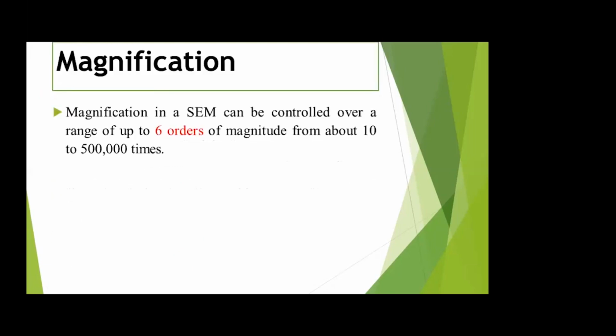So magnification in an SEM can be controlled over a range of up to 6 orders of magnitude. In a very basic type of instrument, from 10 to 5 lakh times magnification can be observed. In a high proficiency instrument, it can be up to 2 million x.